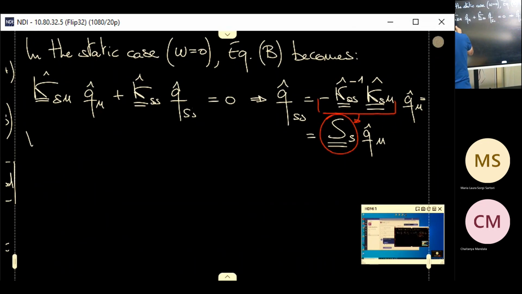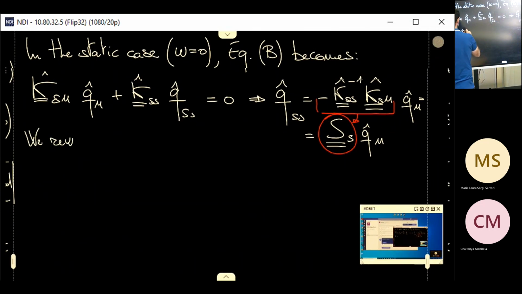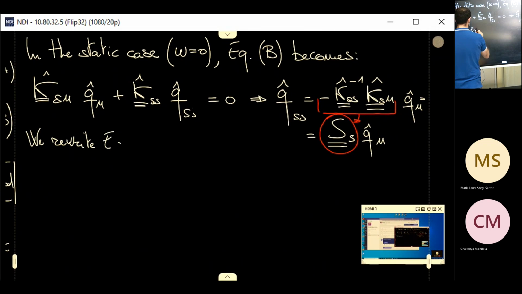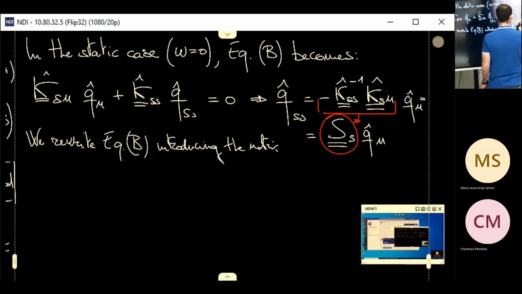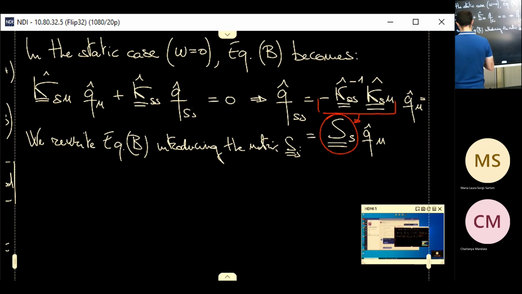So we rewrite equation B introducing the matrix S. If you do it, you get the following.